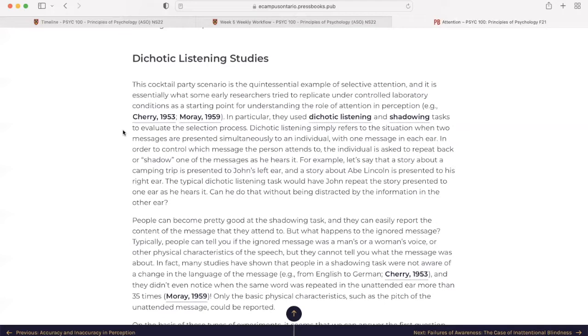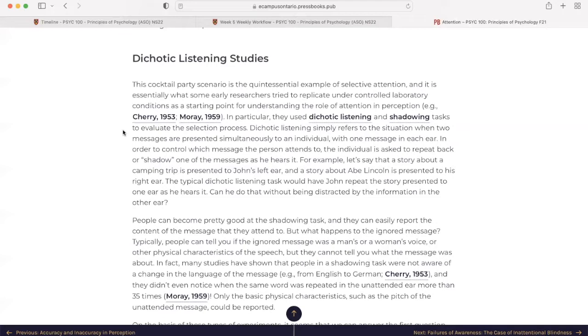Dichotic listening simply refers to the situation when two messages are presented simultaneously to an individual, with one message in each ear. In order to control which message the person attends to, the individual is asked to repeat back or shadow one of the messages as he hears it.